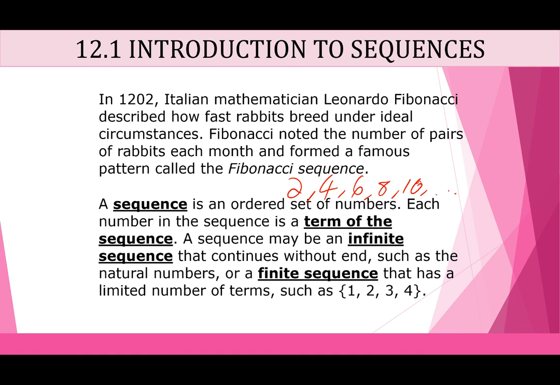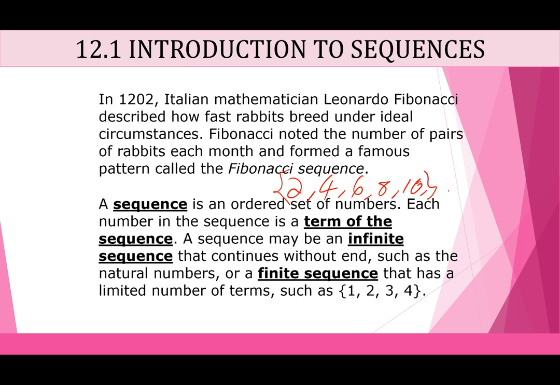It's a list of numbers. This one would be an infinite sequence if I said it's all the even numbers, because this list can go on forever. But if I say it's all the even numbers up to 10, then now I've made it a finite sequence. It's limited to only those numbers that are even and positive, up to 10.